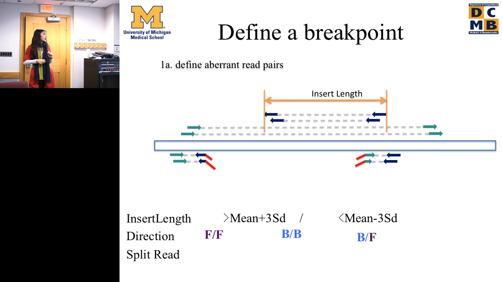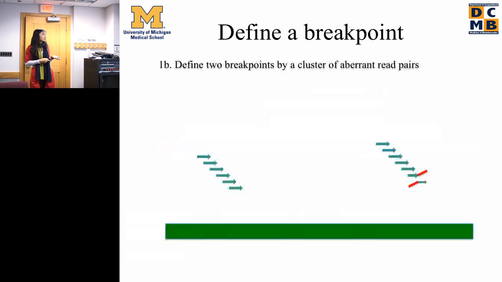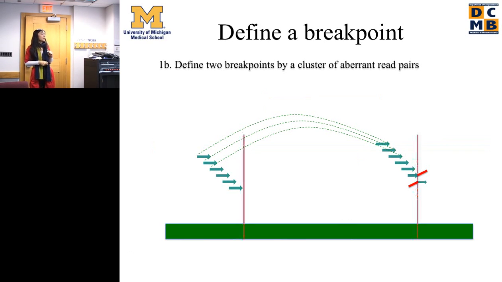Also, clipped reads mean that for a read, only part of the read got mapped in this region, while the other part got clipped and mapped somewhere else we don't know. So we also take this as a very strong sign of a breakpoint. After we define all these aberrant reads, we see if there's a cluster of aberrant reads clustered together, meaning they come from the same event, and we could define a pair of breakpoints.